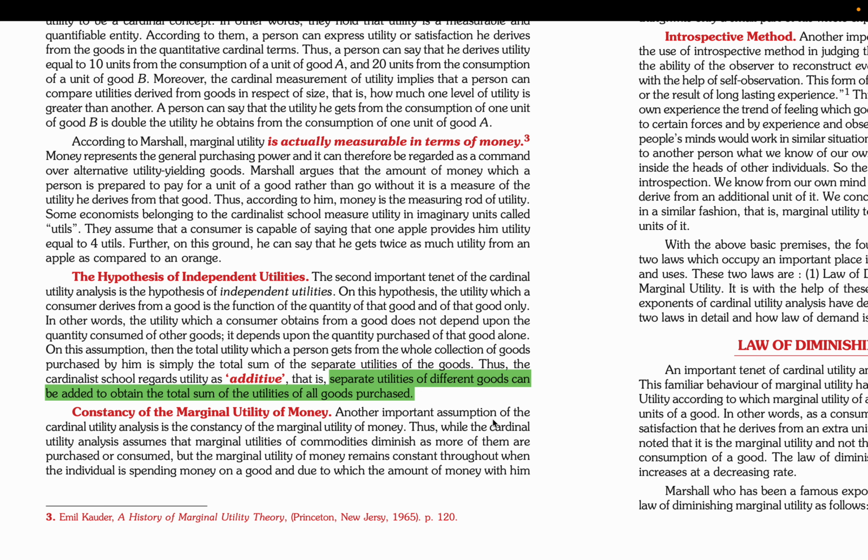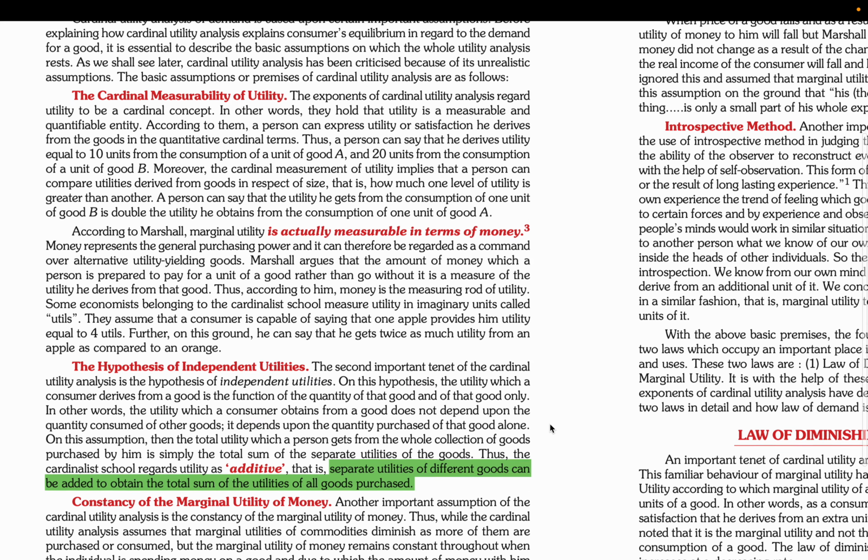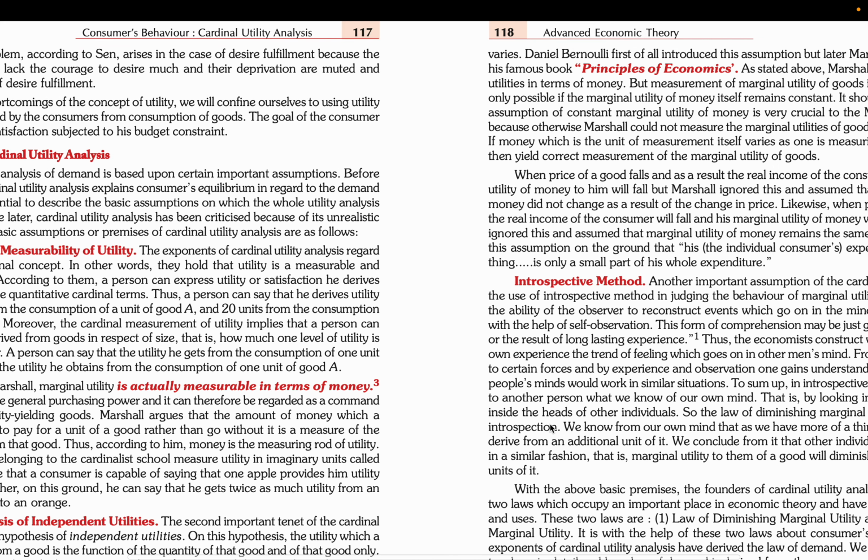Constancy of the marginal utility of money. Another important assumption of the Cardinal Utility Analysis is the constancy of the marginal utility of money. Thus, the Cardinal Utility Analysis assumes that the marginal utility of commodities diminishes as more of them are purchased or consumed, but the marginal utility of money remains constant throughout, when the individual is spending money on a good and the amount of money with him varies.